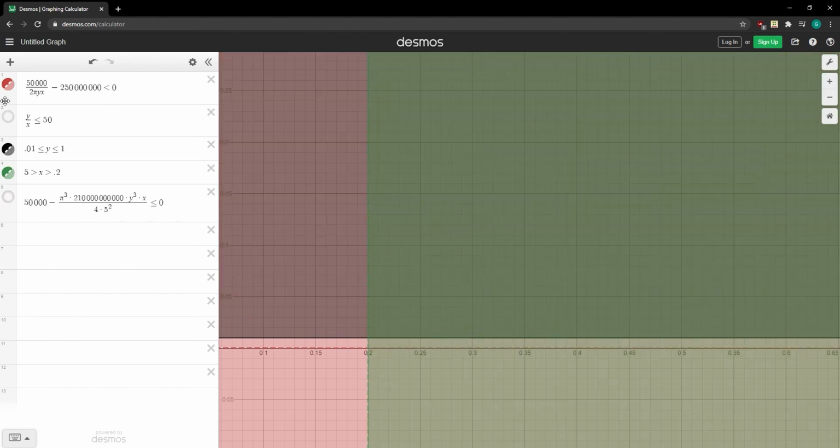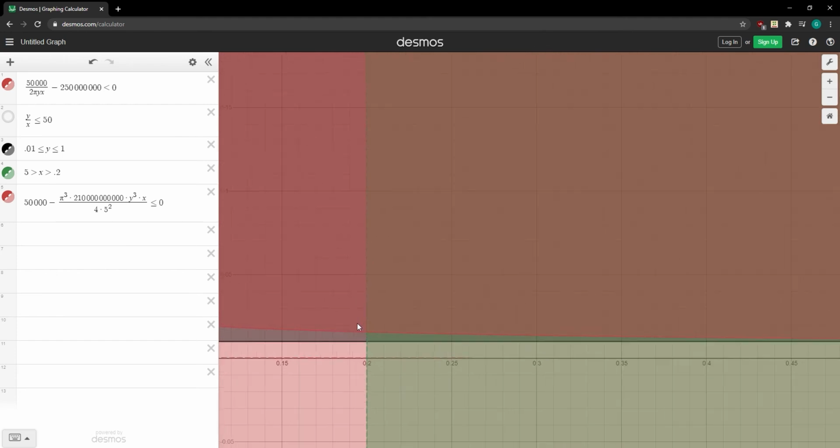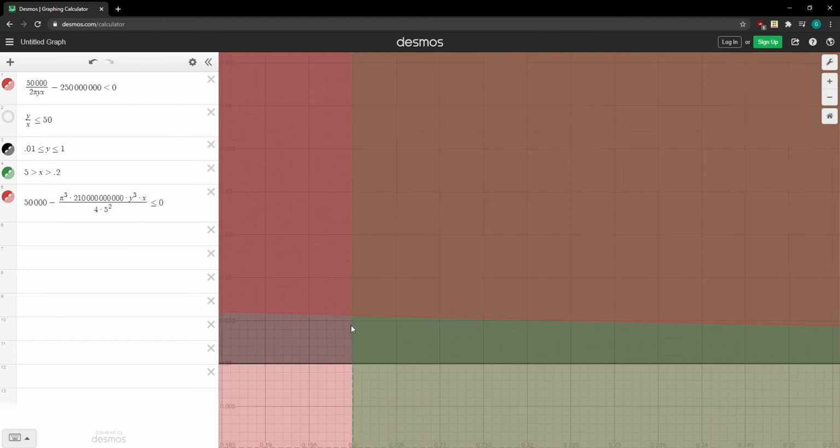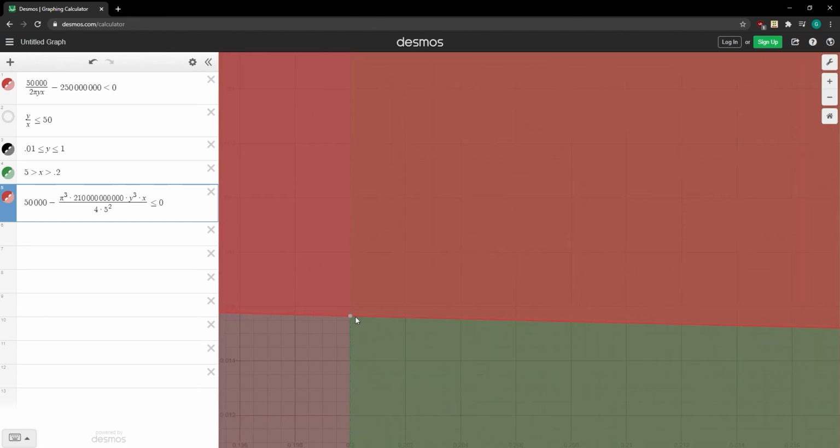And let's turn that off really fast and just see what we're working with. So if we did our analysis correctly, that would indicate that our minimum would be right here. And these are the values that we would choose for the mean radius and thickness. So that's how we do that.